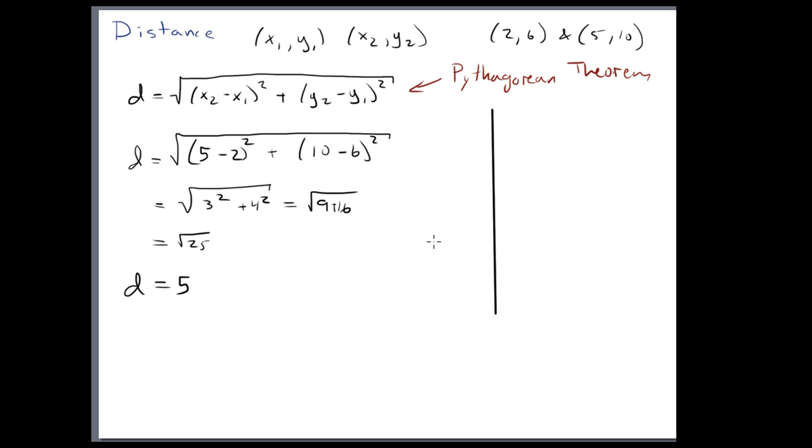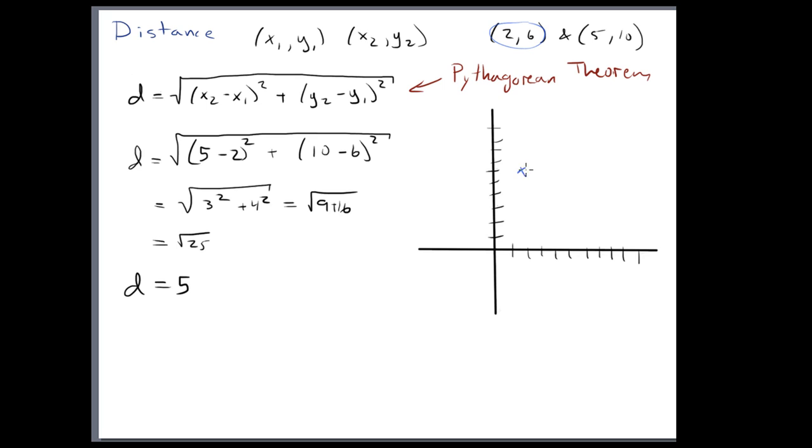And if we go ahead and mock out some axes here, 1, 2, 3, 4, 5, 6, 7, 8, 9, 10, and 1, 2, 3, 4, 5, 6, 7, 8, 9, 10. I find 2, 6, and 5, 10.